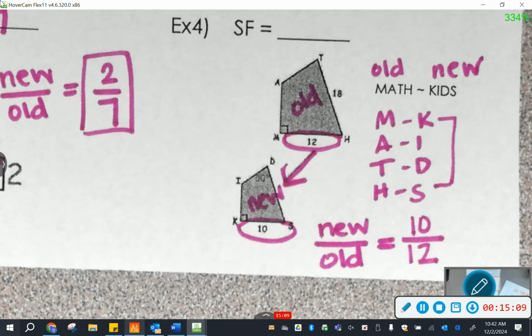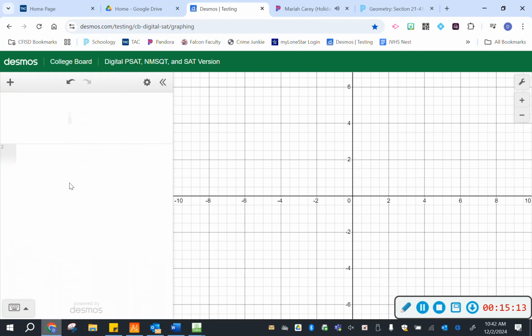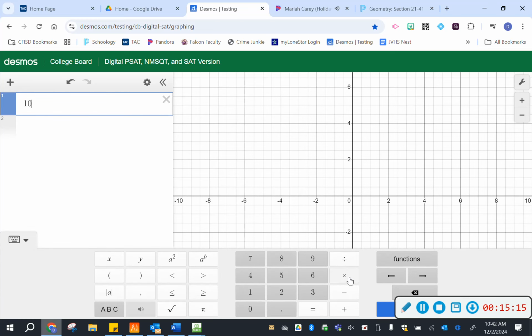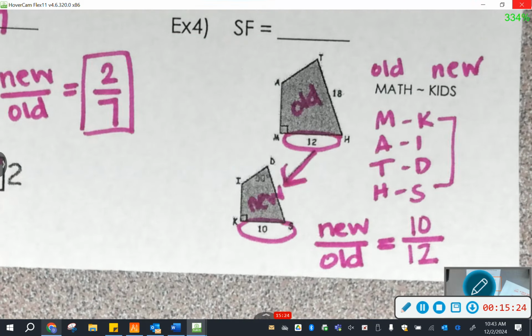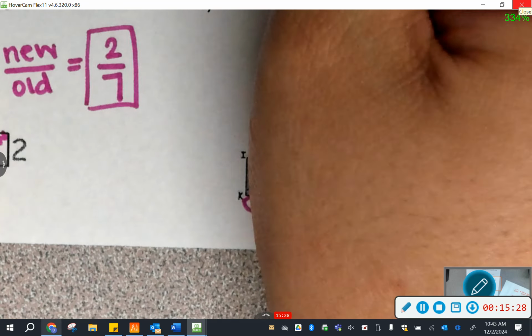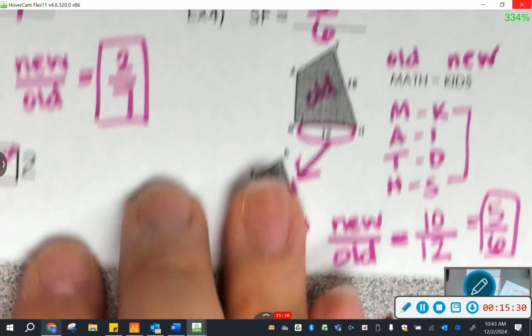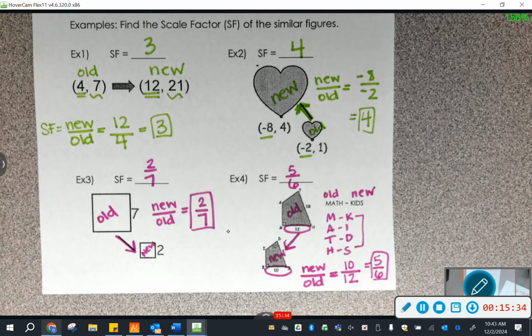What is 10 divided by 12? Do I want this ugly decimal? Click it. What do I get? 5/6 is my answer. And that is how you find scale factor.